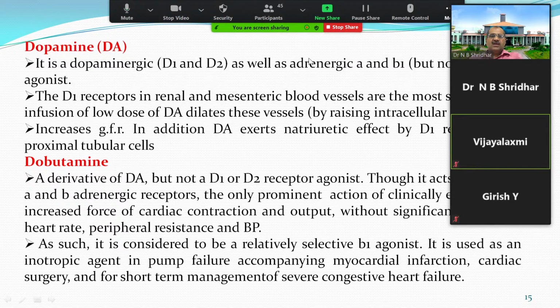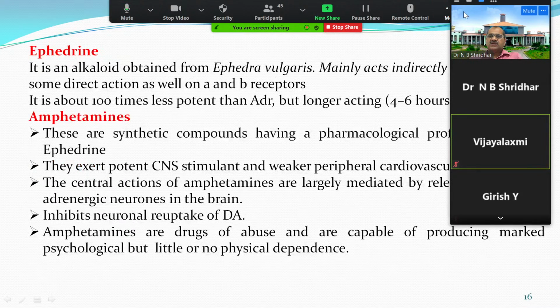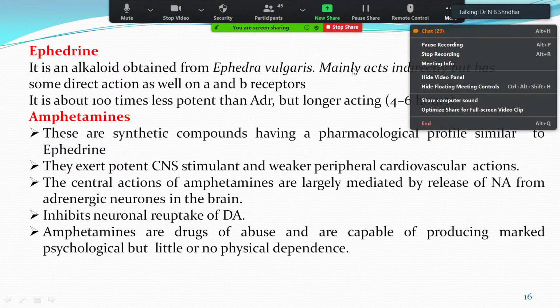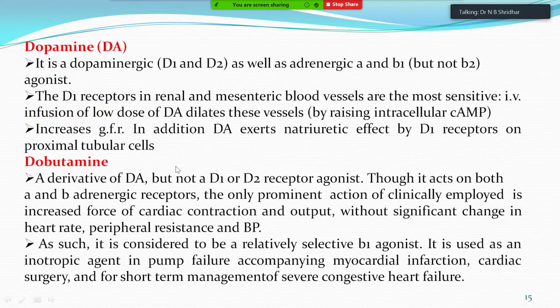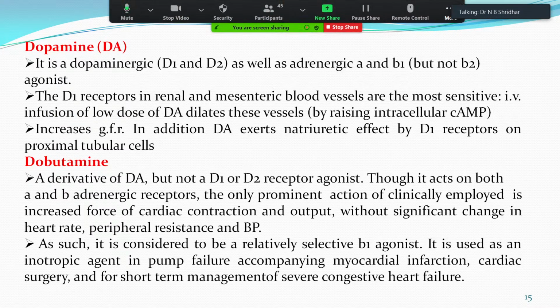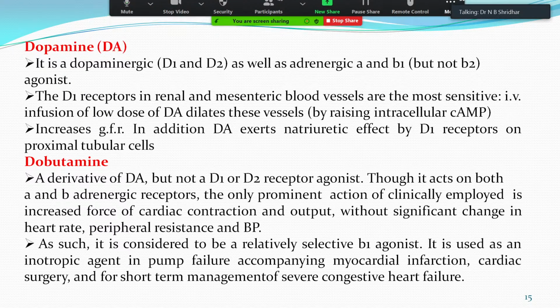They are especially active on the dopamine 1 type of receptor, and mesenteric vessels are the most sensitive, and IV infusion of a low dose of dopamine dilates these vessels.